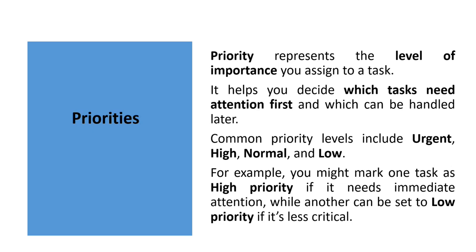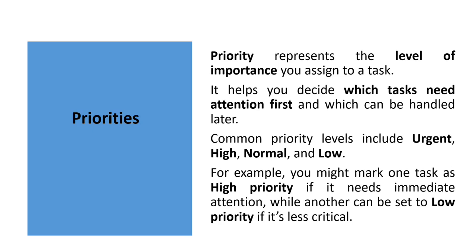Priorities help decide which tasks to do first, meaning that urgent tasks are handled immediately and less important tasks can be completed later. So priorities improve time management and productivity.